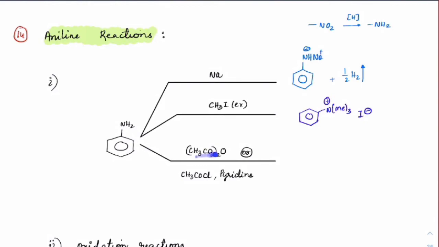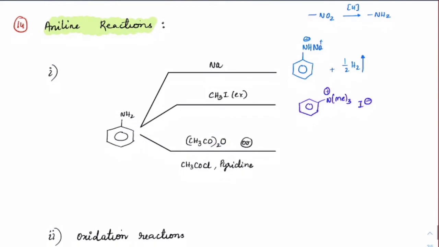In case you have CH3COCl, acetylation will take place and NH2 will attack that CH3CO to form NH-C(=O)-CH3. Acetanilide will form.